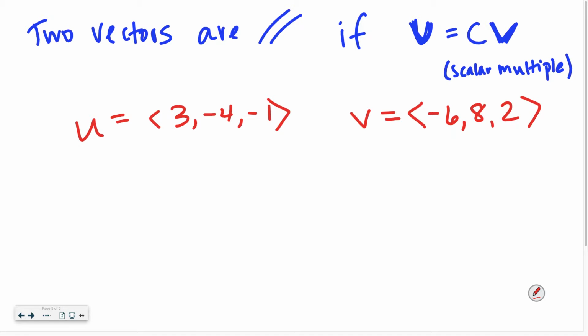Because if you multiply u by -2, you get v. Okay, so if we take -2 times the vector u, we get the vector v. So u is parallel to v.